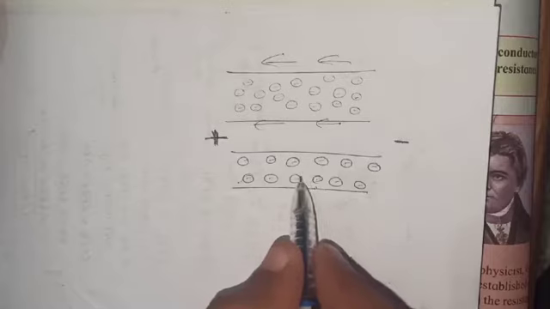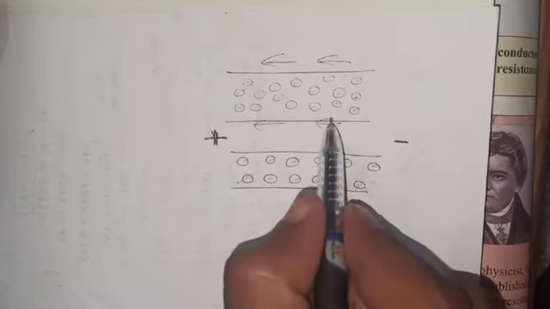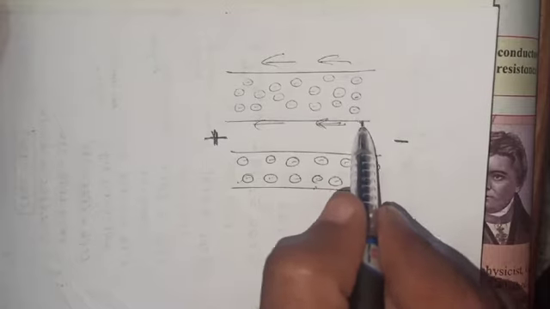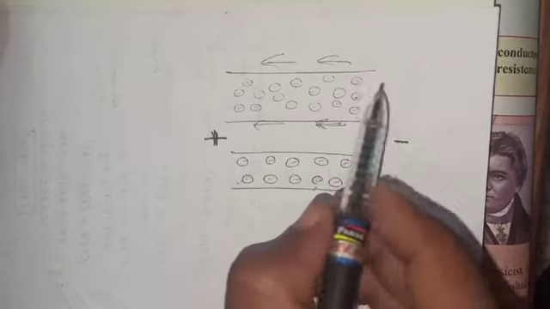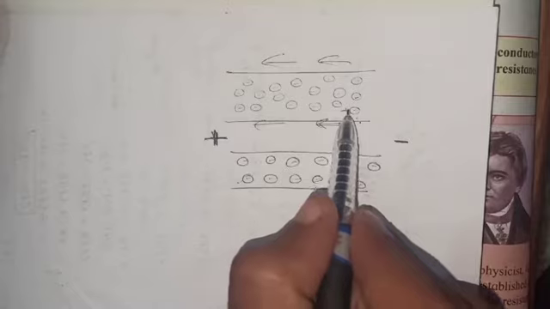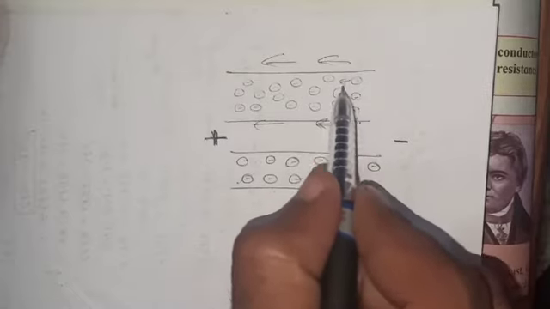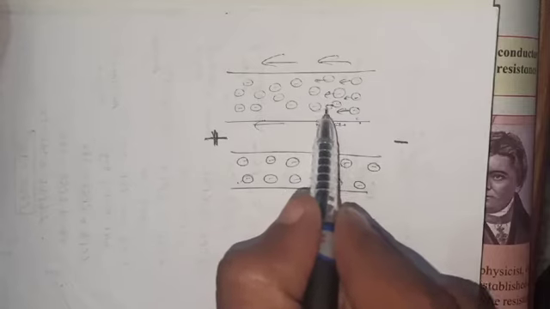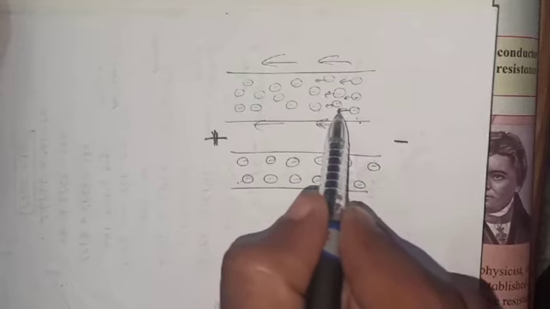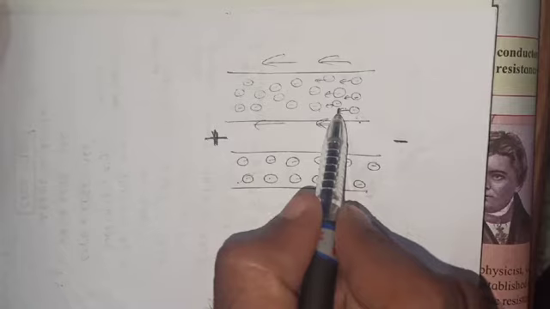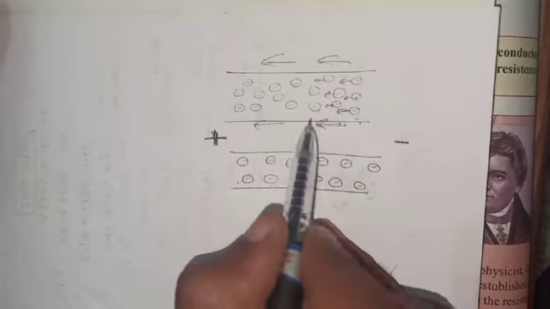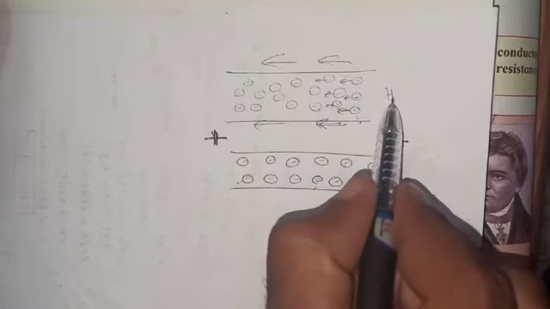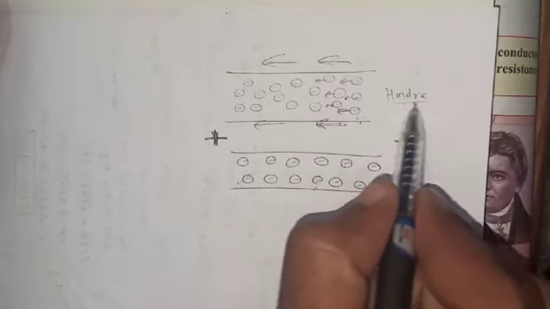Current is flow of electrons. So they start moving as fast as possible. In that condition they collide with each other. Suppose they are starting to move, then this electron will collide with this electron, this one can be colliding with that electron, so collision happens and there is hindrance. Hindrance means obstruction, stopping.